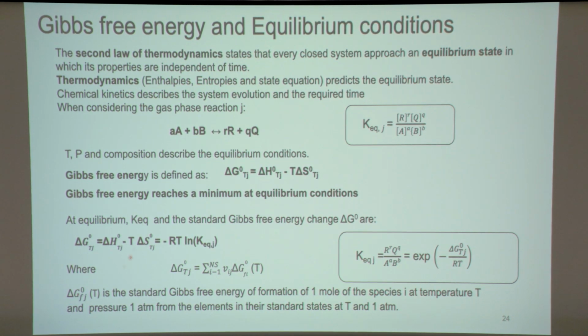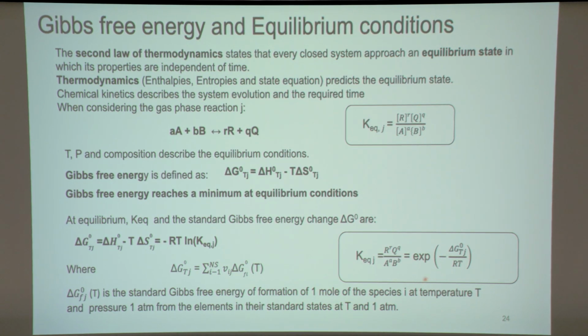So here we have, again, at equilibrium, at this equilibrium constant condition where the reactants are going to products, the products are going to reactants at equal rates. The Gibbs free energy is delta H minus T delta S. This is also equal to minus RT ln of the equilibrium constant. So we can calculate this equilibrium constant, KEQ, also from the Gibbs free energy.